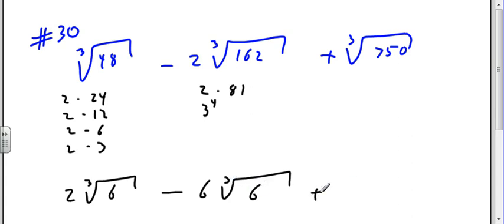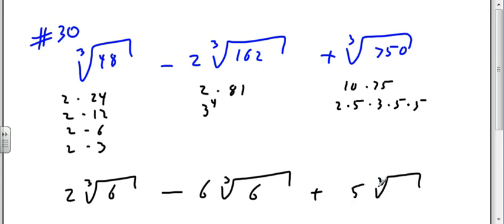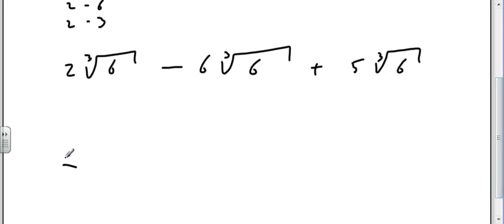All right, and then so that's 10 times 75, which is 2 times 5 times 3 times 5 times 5. So this is going to be 5 the cube root of 6. Okay, well, isn't that convenient? Everything is a cube root of 6. 5, 7 minus 6. The answer, cube root of 6.